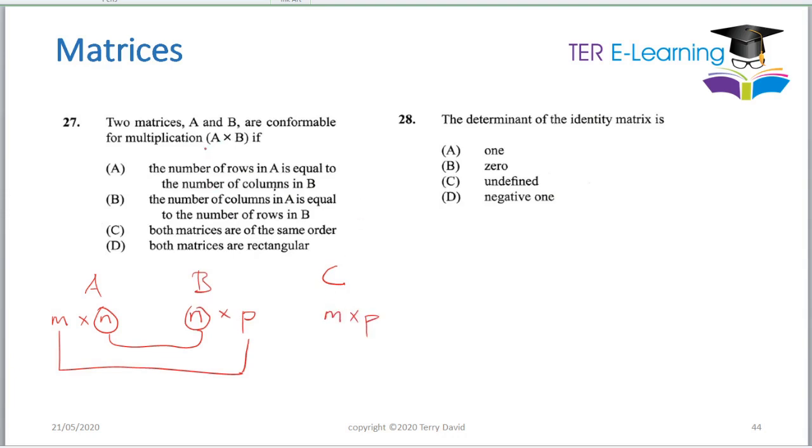So the key thing here, in order for two matrices to be multiplied, is that this number and this number have to be the same.